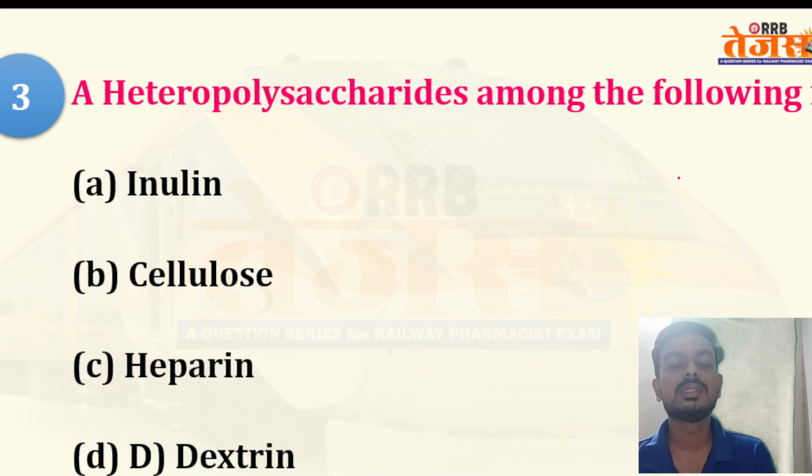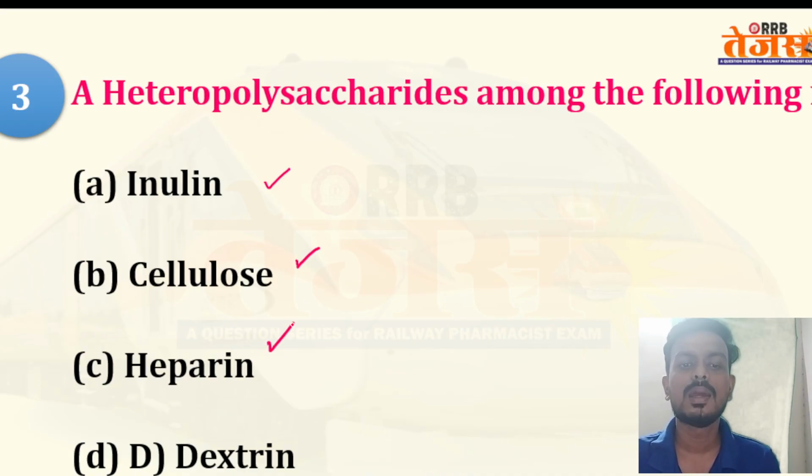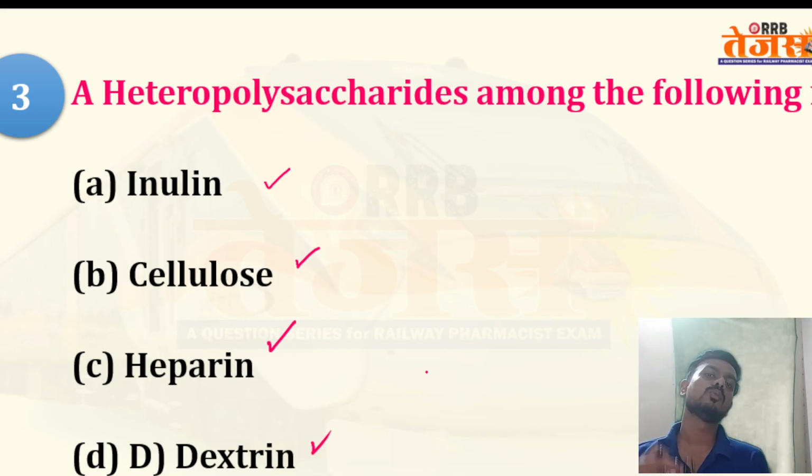Next, a heteropolysaccharide among the following. Which of the following is a heteropolysaccharide? Inulin, cellulose, heparin, or dextrin.